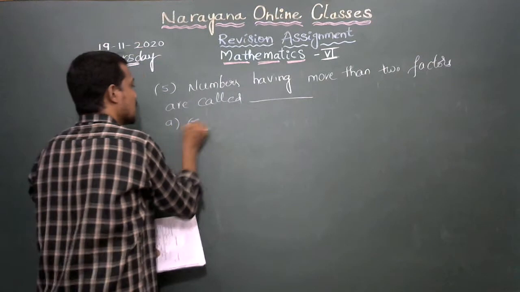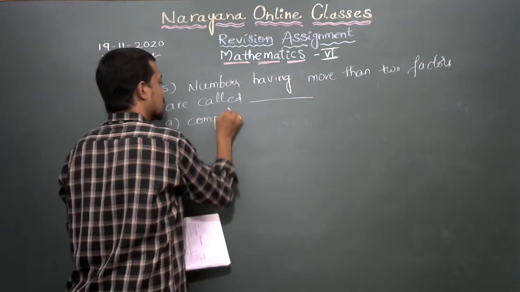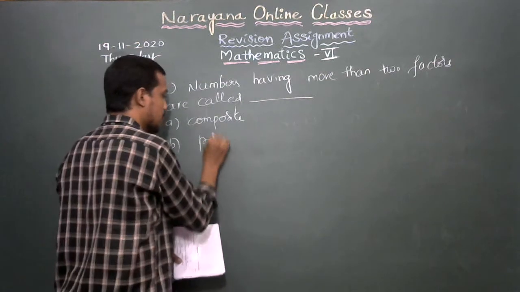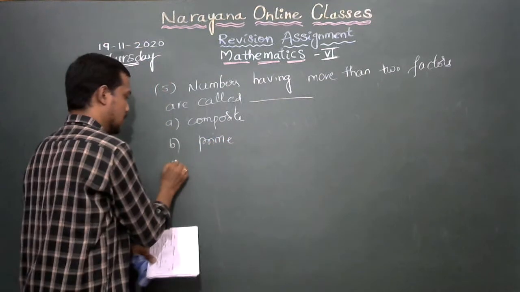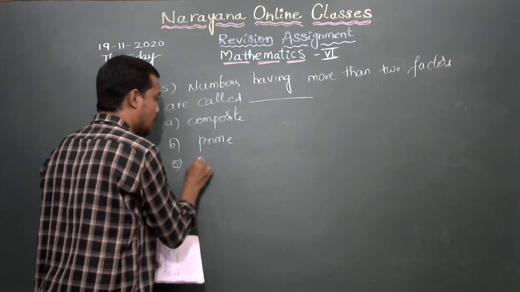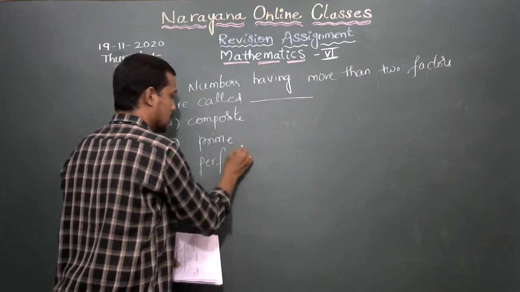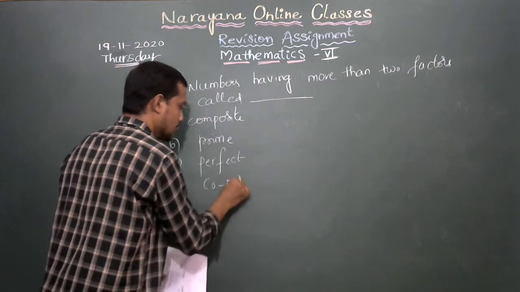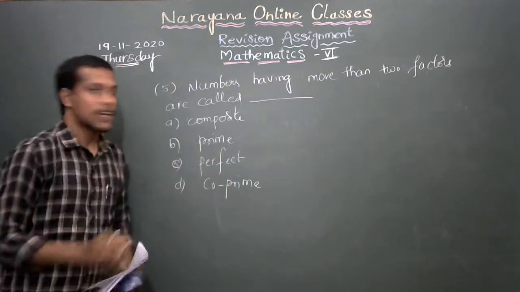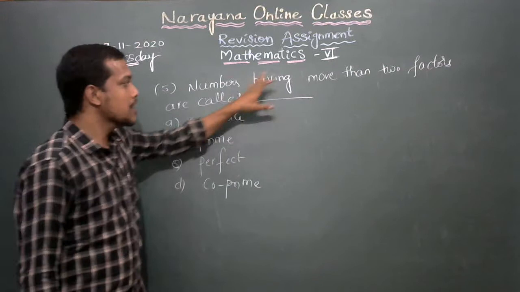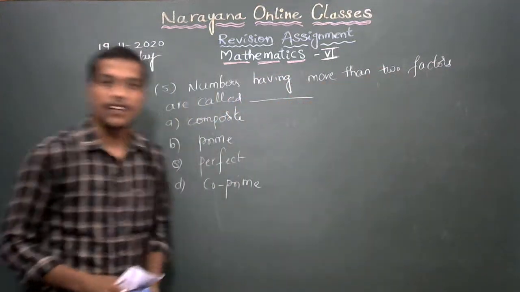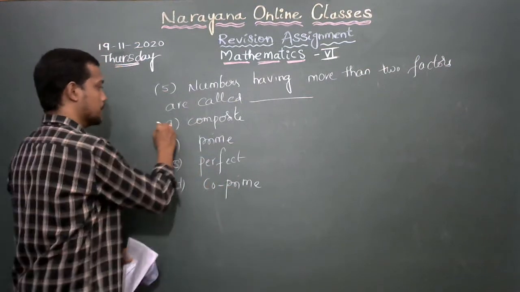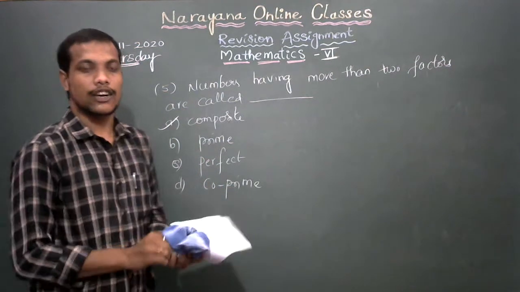Now options: composite, second one prime, third one perfect, coprime. Okay. Numbers having more than two factors is nothing but a composite number. So option 1 is the correct option.